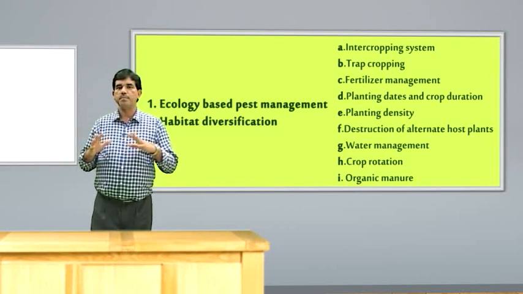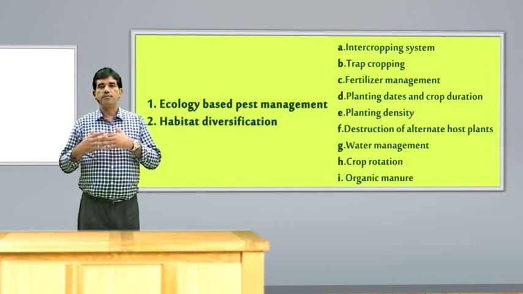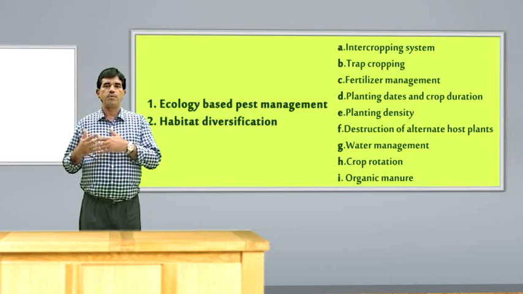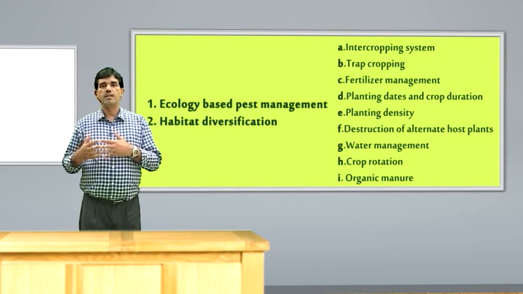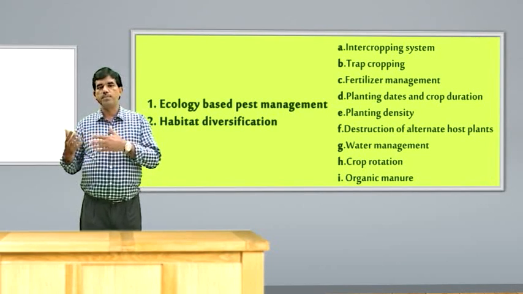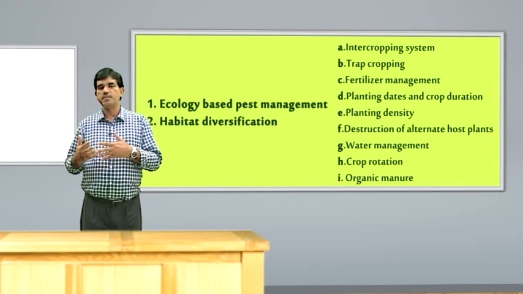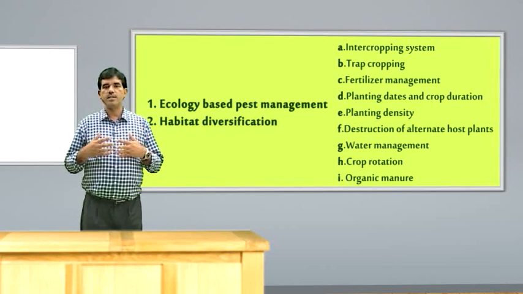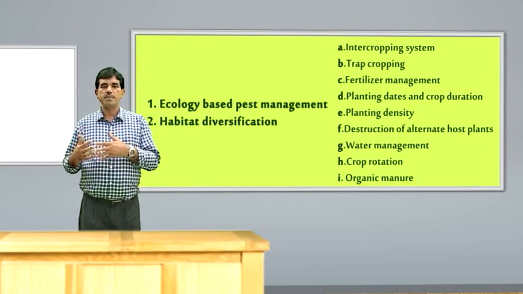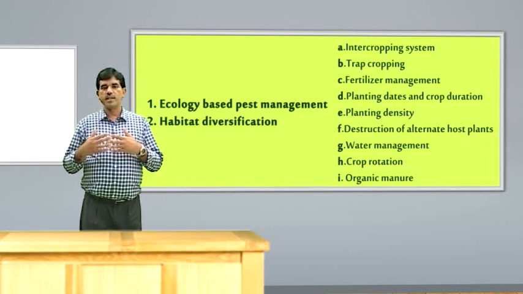Habitat diversification makes the agricultural environment unfavorable for growth, multiplication and establishment of insect pests. The strategies could be intercropping system, trap cropping, fertilizer management, planting dates, planting density, destruction of alternate host plants, water management, crop rotation, organic manure.